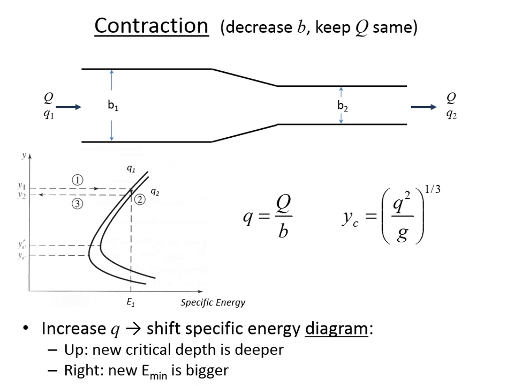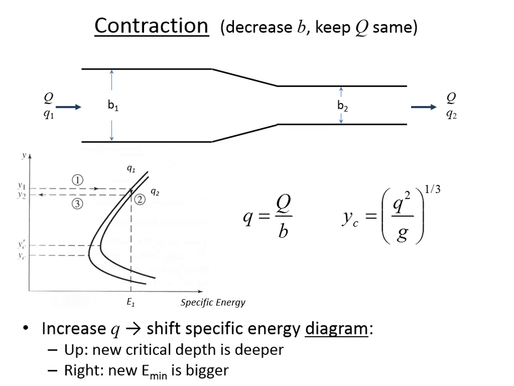And so here's the first specific energy diagram for the flow condition at 1, and then the flow condition at 2 when the channel got narrower. If you make the channel narrower, that shifts the specific energy diagram up and towards the right.